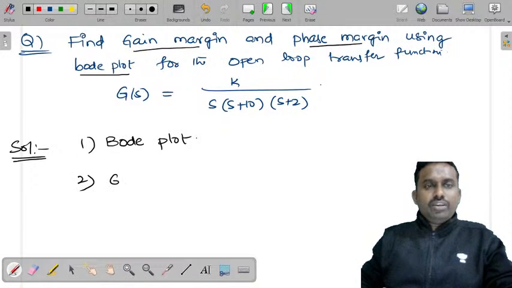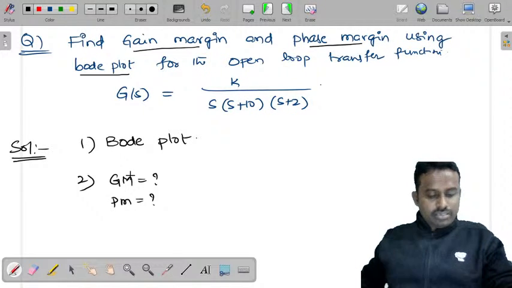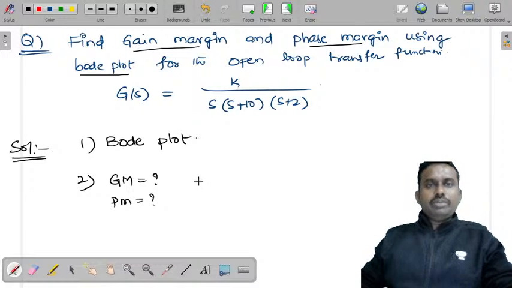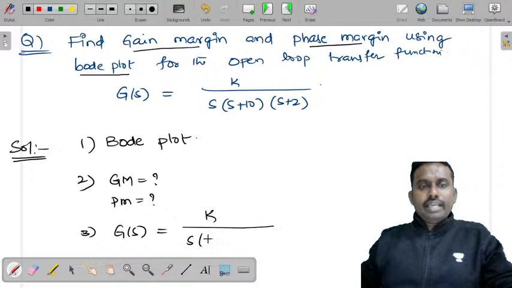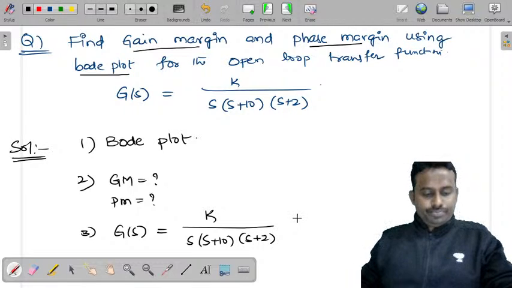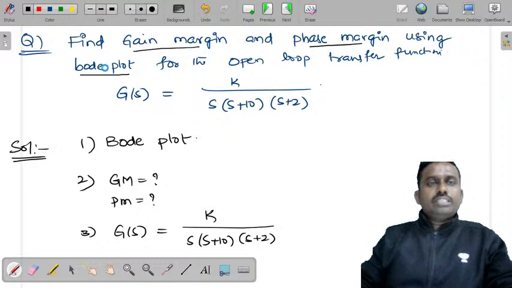Then we are asked to find gain margin and phase margin. These are the two things you need to find. And third, the given transfer function is G(s) equals K by s into (s plus 10) into (s plus 2). So let's try to solve this question.